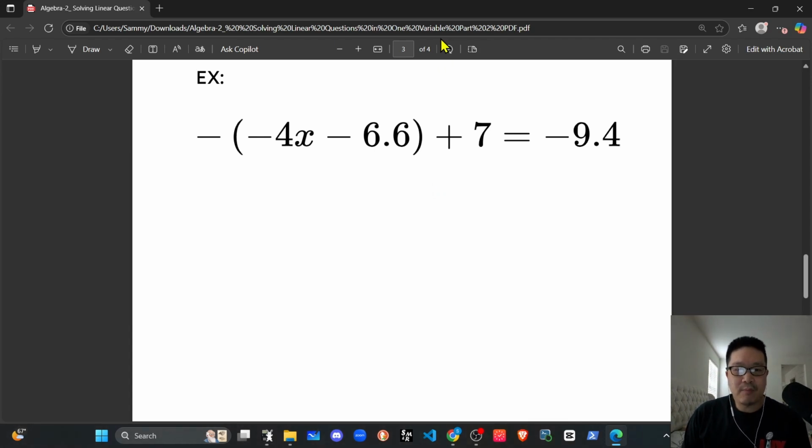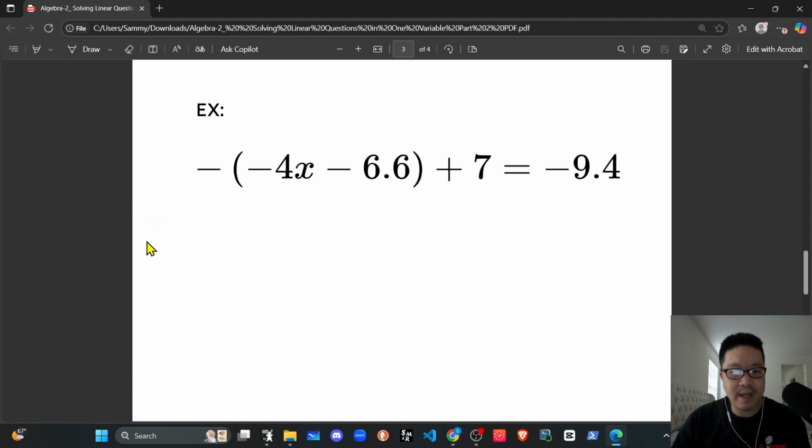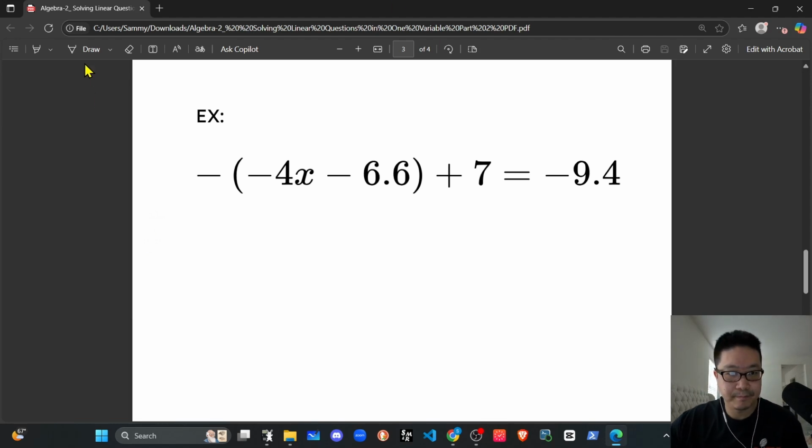Now let's try a problem with decimals. So the way we get rid of decimals in a linear equation in one variable is to multiply it by a power of 10 that allows you to get rid of the decimal places. And that's going to be determined by the highest number of decimal places that you have in your equation.